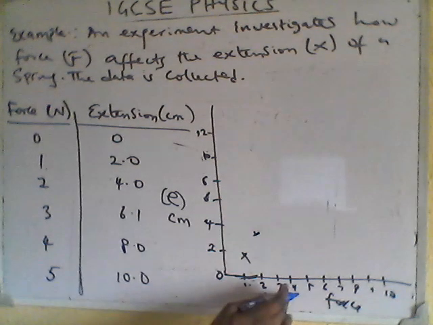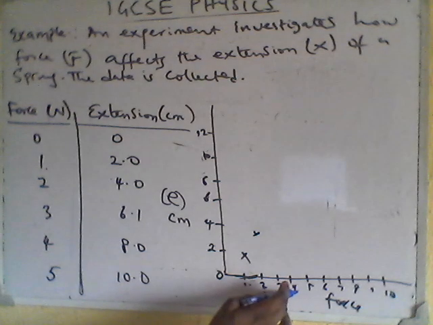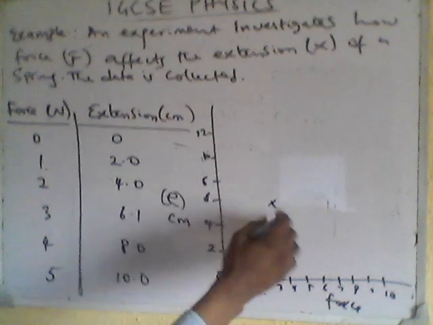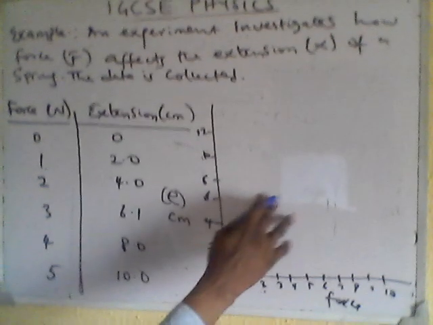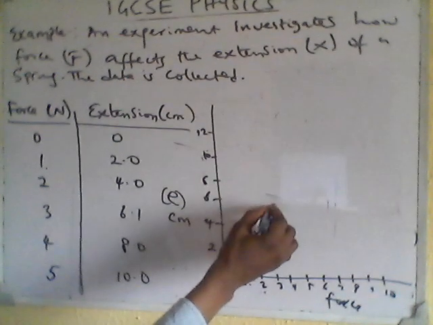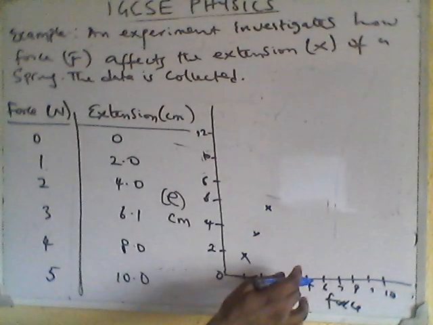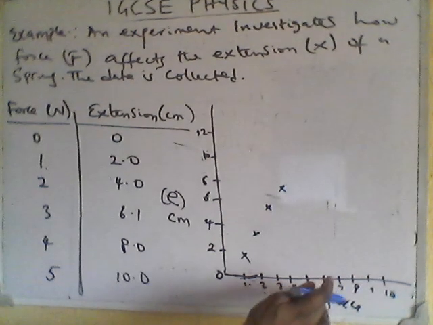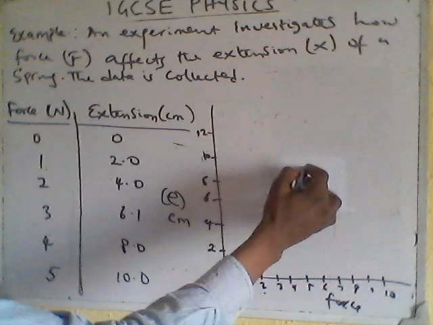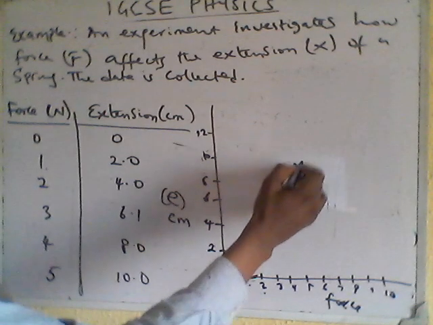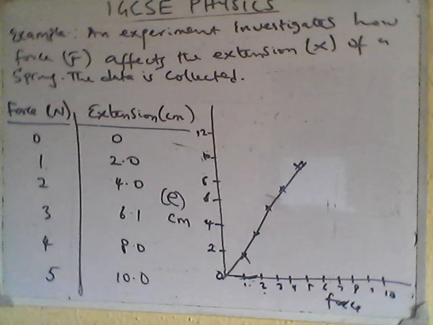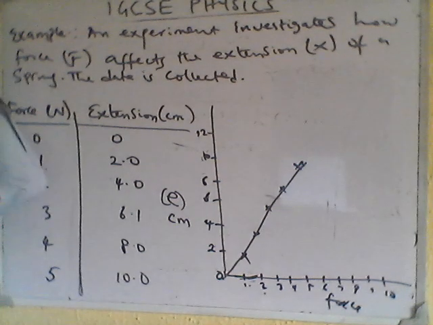If my force is 3 Newton, my extension is 6.1, somewhere here. If my force is 4 Newton, my extension is 8. If my force is 5 Newton, my extension is 10. So I'm going to have a straight line graph relationship like this, cutting through. Please, this is freehand I'm using, but you have to use a ruler.